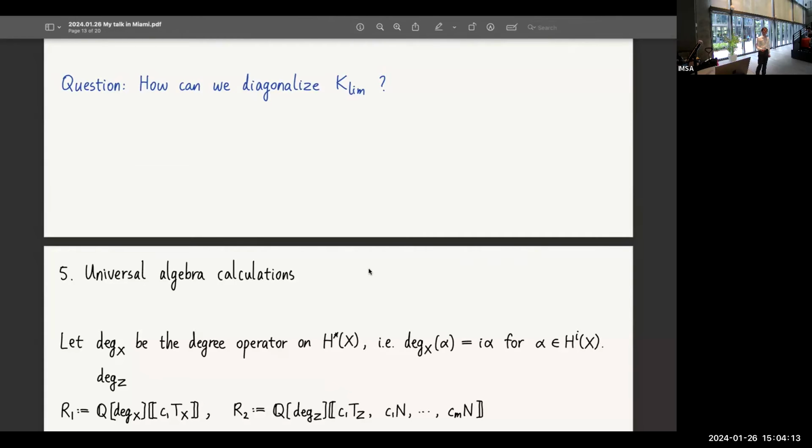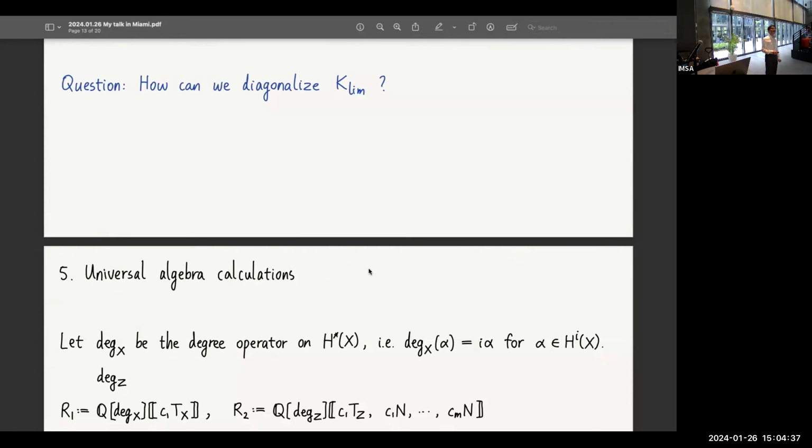So we consider the degree operator on H of X, acting on the cohomology class of degree i. It's just the multiplication by i. And then we have the degree operator in the Z direction for Z.